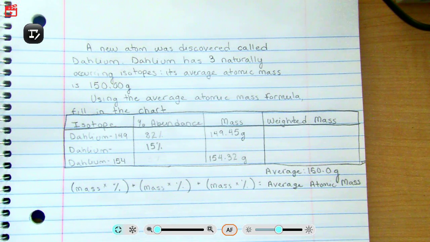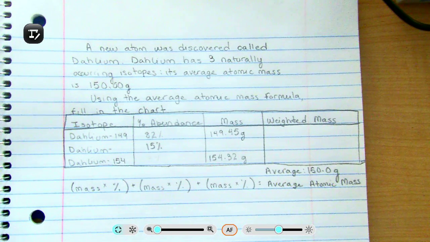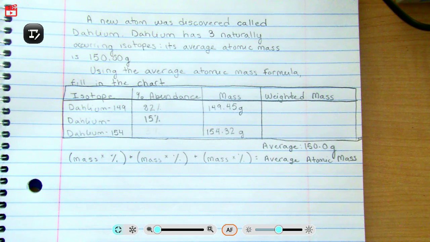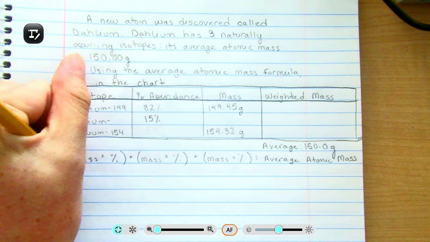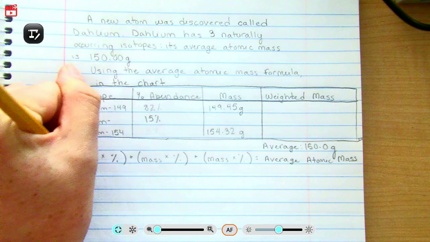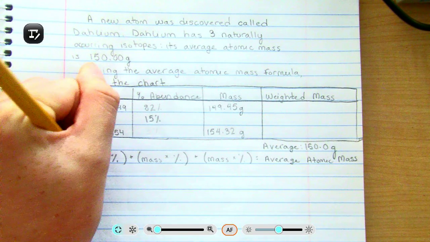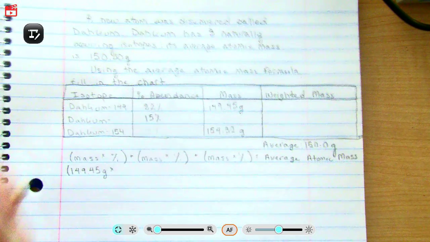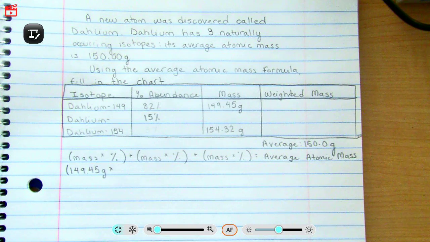So the first thing we're going to do is plug what we know into our average atomic mass formula. So dolium-149, its mass is 149.45 grams, and its percent is 82%.